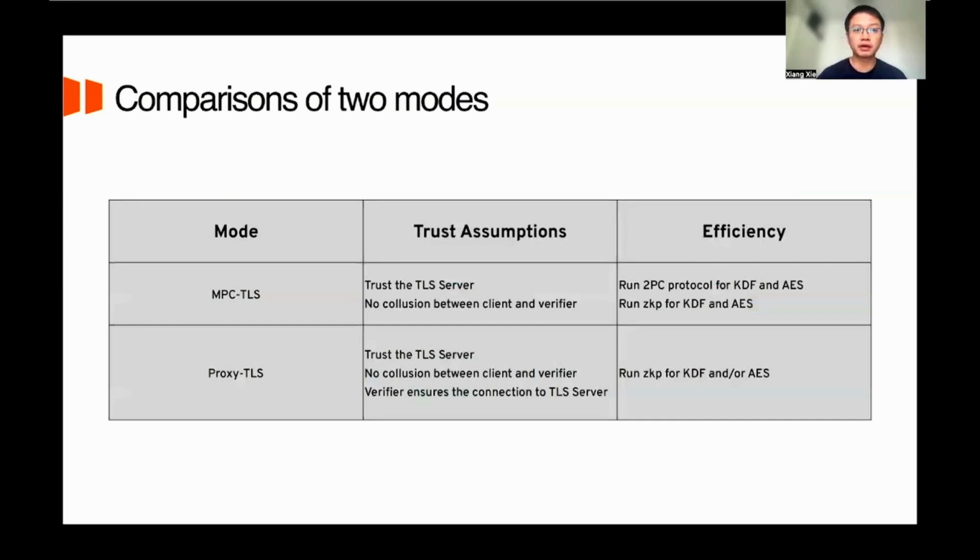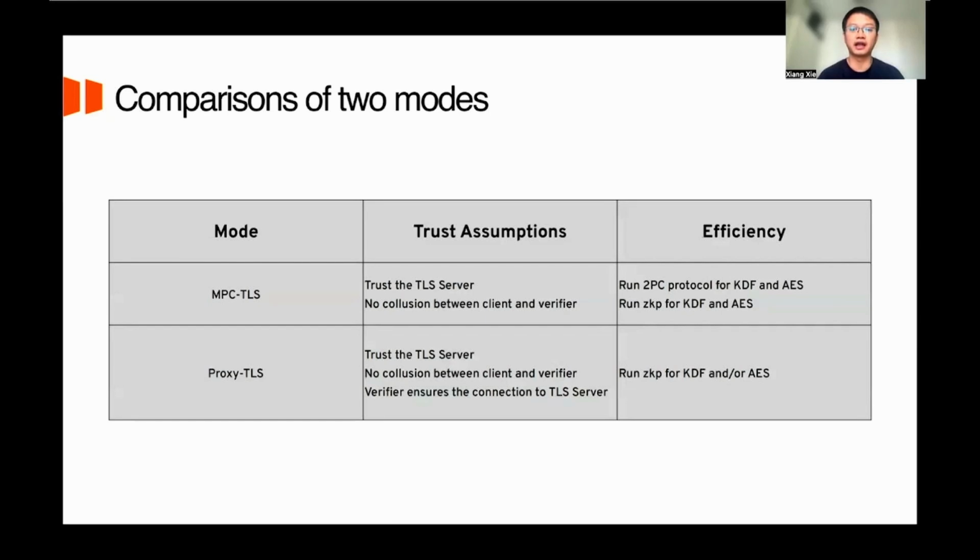So here are some comparisons of the two modes. In terms of trust assumptions and efficiency, for both MPC TLS and the proxy TLS, we have to trust the TLS server. Otherwise, you cannot do anything. And the other thing is that there should be no collusion between client and verifier.